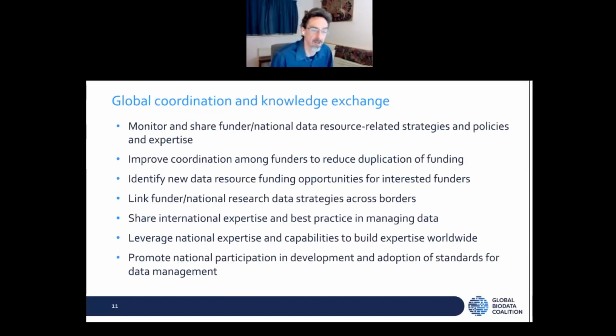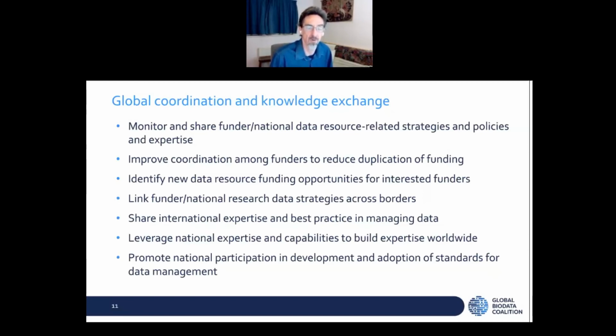Right, again, apologies for so much text, but there's only a couple more like this. So what are we doing? We are going to encourage global coordination and knowledge exchange. The focus here is on funders.